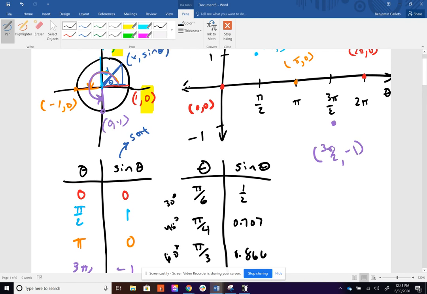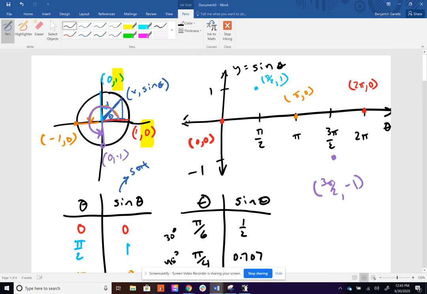So if I go back up here and I graph those, pi over 4 is right in the middle here. 30 degrees is right about here, so that's pi over 6. And 60 degrees is a little bit closer there.